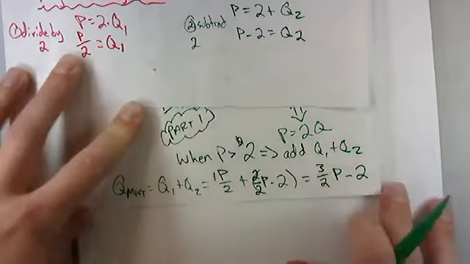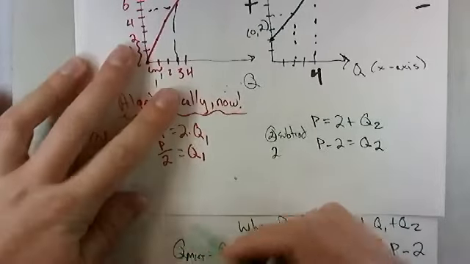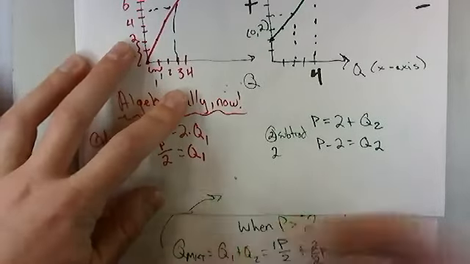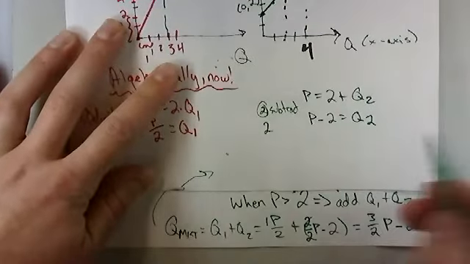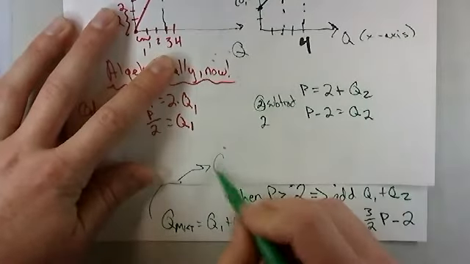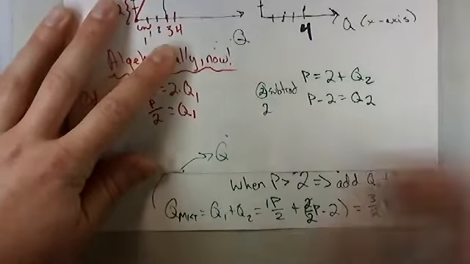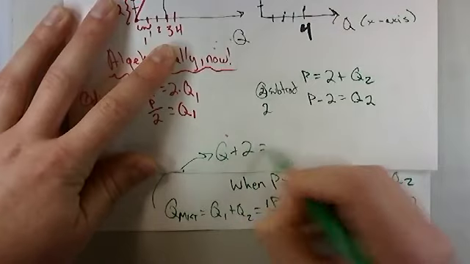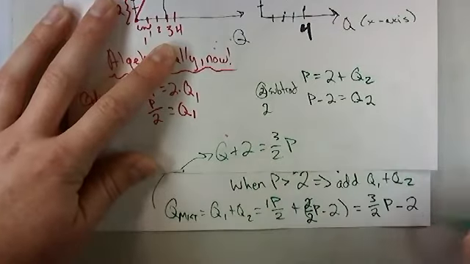If we rewrite this in terms of P, this is Q plus 2 equal to 3/2 P. I'm just adding 2 to both sides.